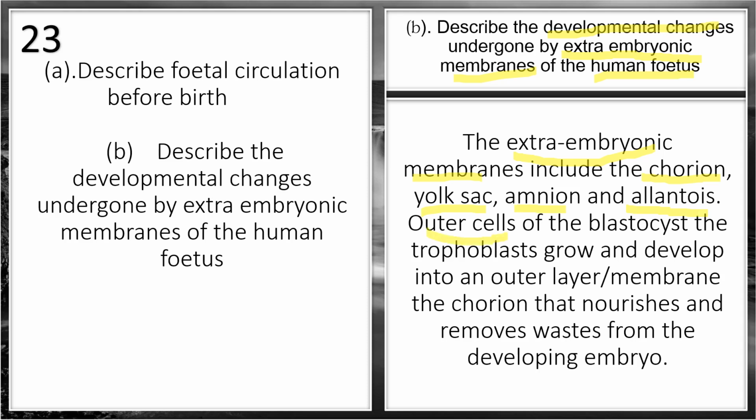The outer cells of the blastocyst, the trophoblasts, grow and develop into an outer layer or membrane, which we call the chorion, that nourishes and removes waste from the developing embryo.